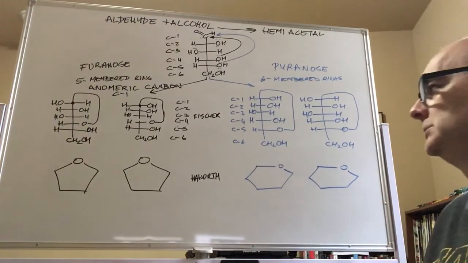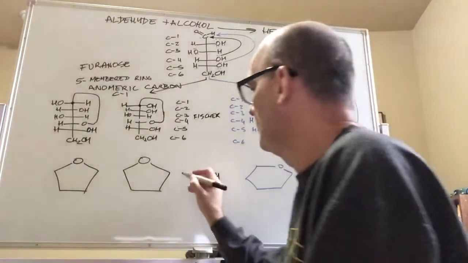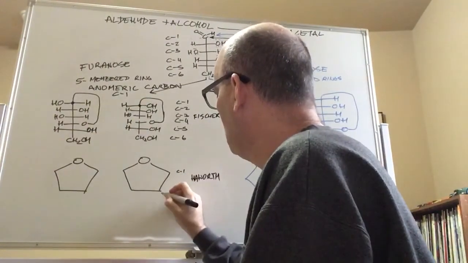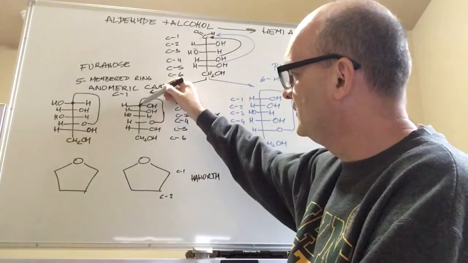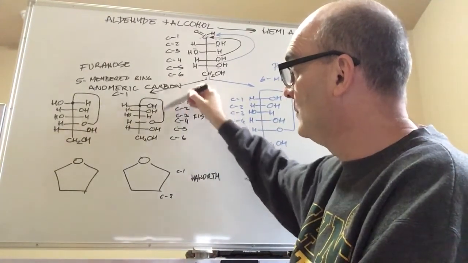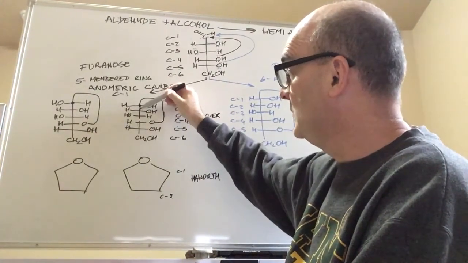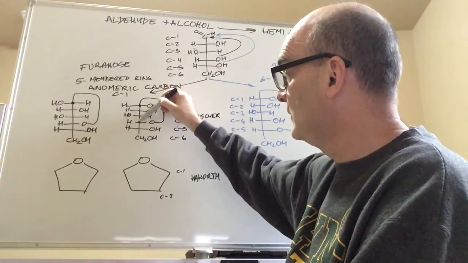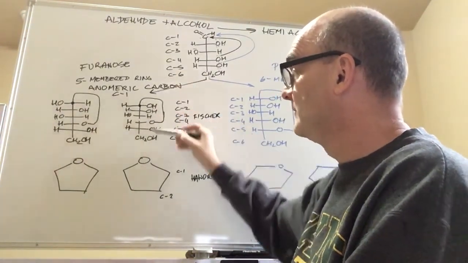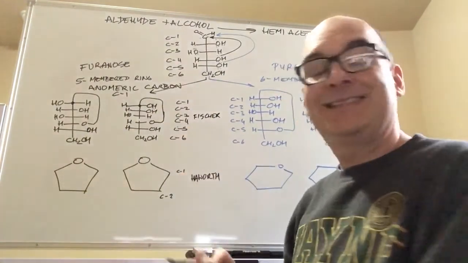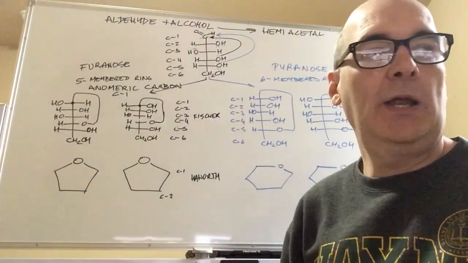Now, we're going to go around the ring and look at what the ring holds. Carbon number 1 is in the ring. Carbon number 2 is in the ring. Carbon number 3 is in the ring. Carbon number 4 is in the ring. Then an oxygen. Carbon number 5 and 6 are not in the ring.